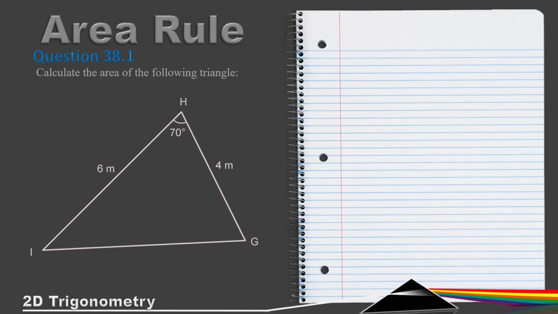Right, then for question 38.1. Straightforward, we're just going to start off again by writing the formula. Area of triangle GHI is equal to half, and then the sides we have are g and i, times sine h.